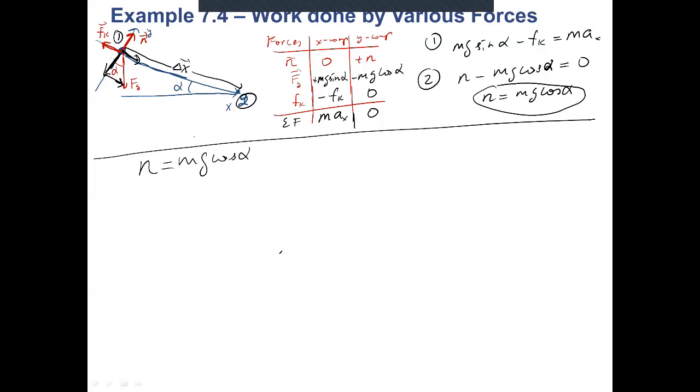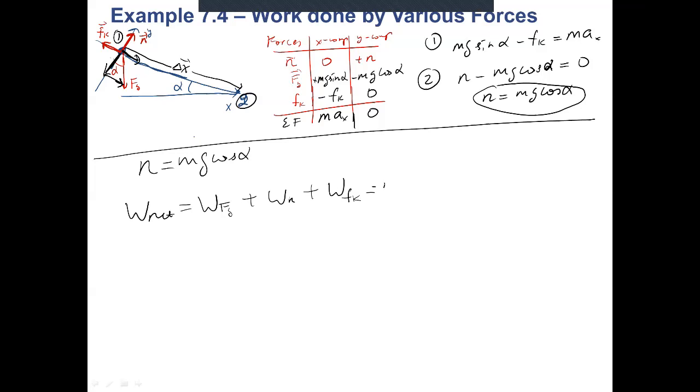Doing this displacement, there are 3 forces acting on it. So here's my net or total work done: work done by the gravitational force, plus work done by the normal force, plus work done by the kinetic friction. Because you can see in my free body diagram, I have 3 forces, so I just write it in terms of that. Well, what is the work done by the gravitational force?